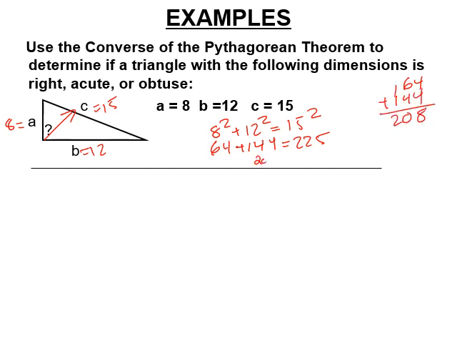So we have 208 and 225. So 208 is less than 225. So notice I drew it like it was right. I'm not going to give it away anymore. Okay, so this is obtuse. In fact, the picture really should have more of an obtuse angle.